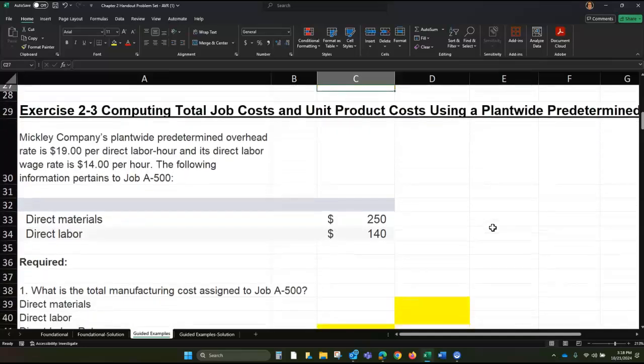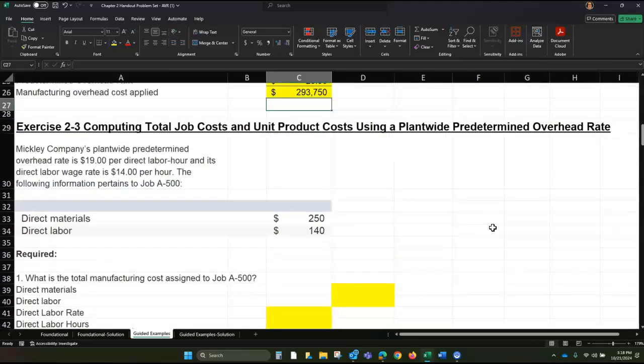Let's look at exercise 2.3. Mickley Company's plant-wide predetermined overhead rate is $19 per direct labor hour. Again, think based on estimates. Its direct labor wage rate is $14 per hour.